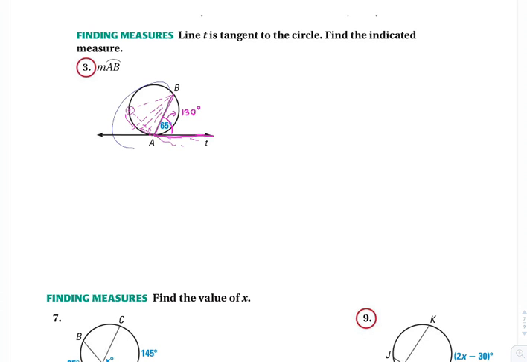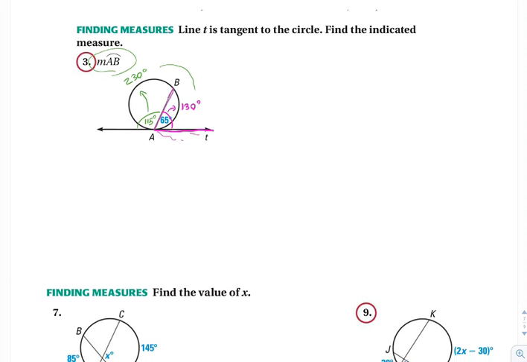And it makes total logical sense here: the other part of this angle, its supplement, is 180 minus 65, which is 115 degrees. If we multiply that by 2, because this is the inscribed angle of this arc, we get 230 degrees. And no surprise, 230 added to 130 makes a full circle of 360 degrees. Perfect, okay? So it was asking for the measure of AB, so it's that pink 130.